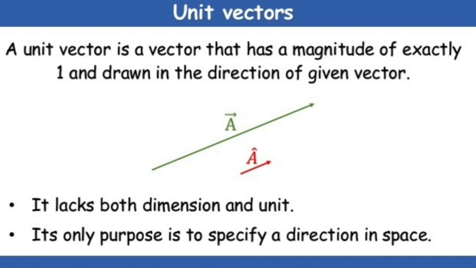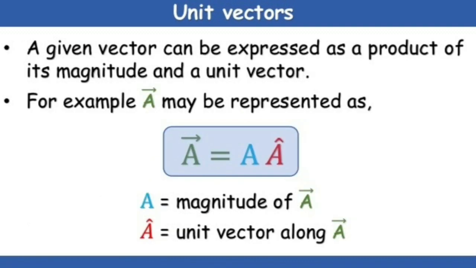Now, unit vectors, we have already discussed about unit vectors in one of the videos. A unit vector is a vector whose magnitude is 1 and it is in the direction of a given vector. That means the purpose of a unit vector is to show direction. So it does not have dimension and unit, and its use is to specify the direction.